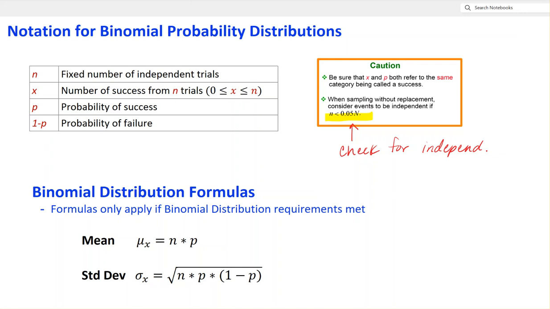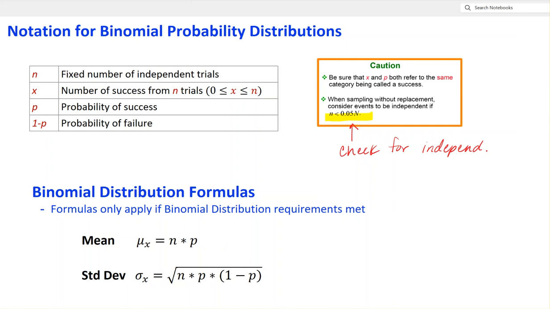When we are sampling without replacement, we just have to make sure that our sample size n is less than 5% of the population, capital N. If that's the case, then we can go ahead and just assume that we have independence.